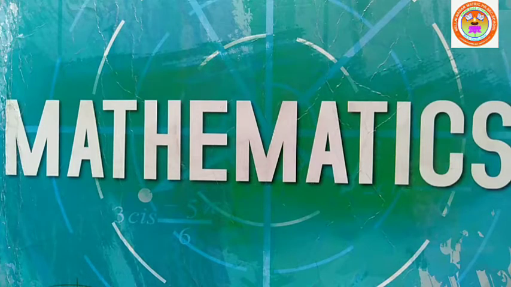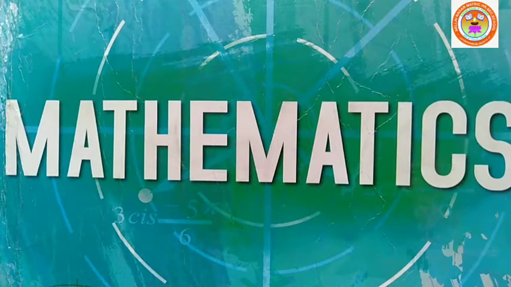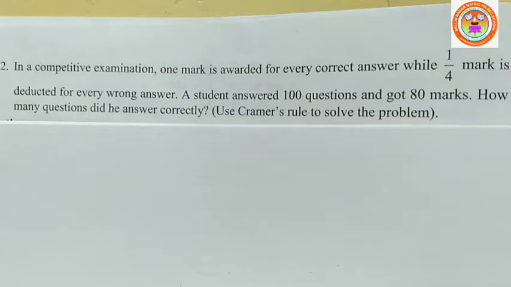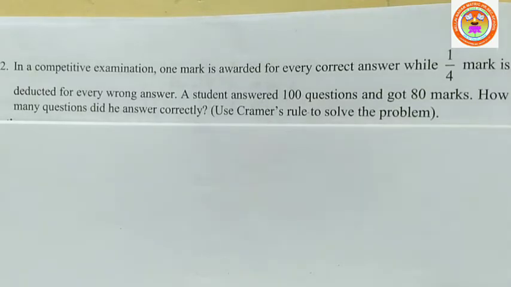See exercise 1.4, question number 2. In a competitive exam, 1 mark is awarded for every correct answer. At the same time, 1/4 mark is reduced for every wrong answer.